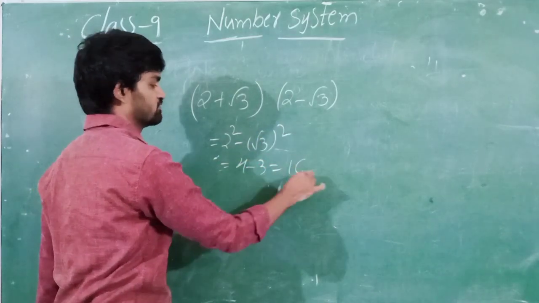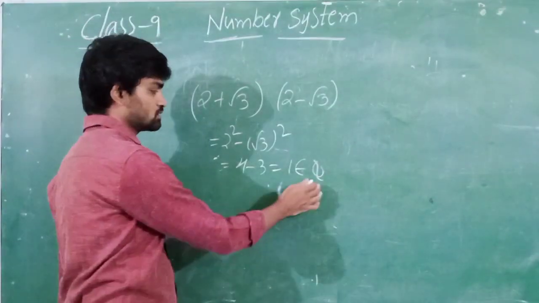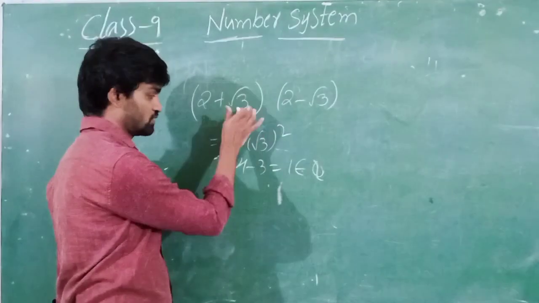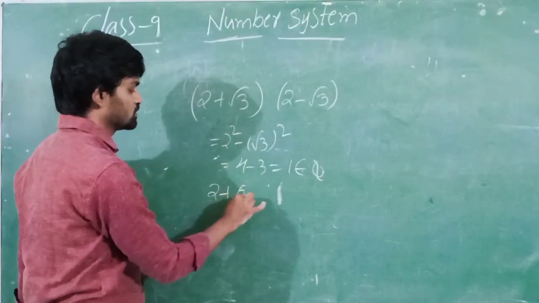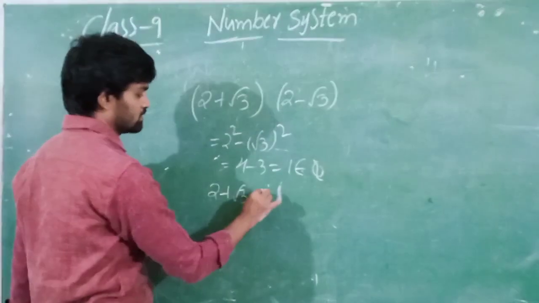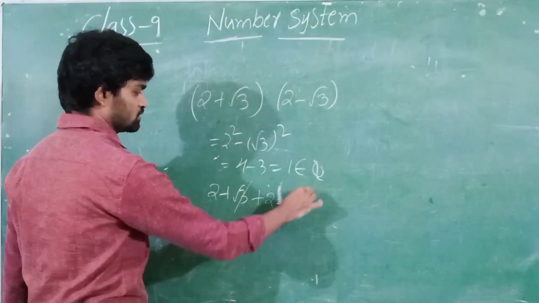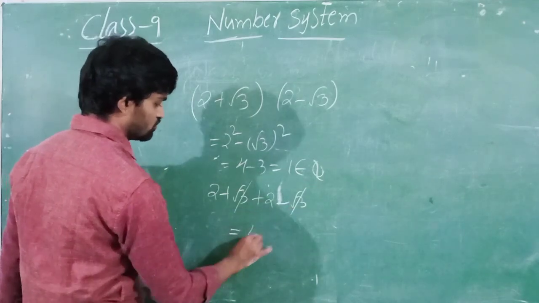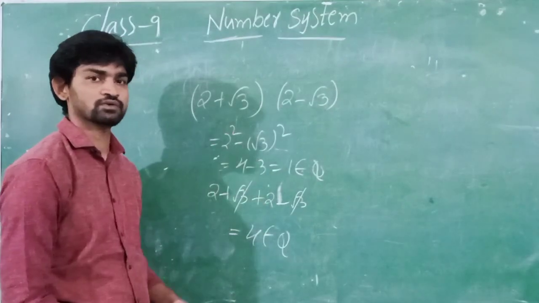We got 1, which belongs to rational numbers. Okay. So product is done. Next we have to do sum also. That is 2 plus root 3 plus 2 minus root 3. Here root 3 gets cancelled. 2 plus 2, 4. Got? This is how we have to do.